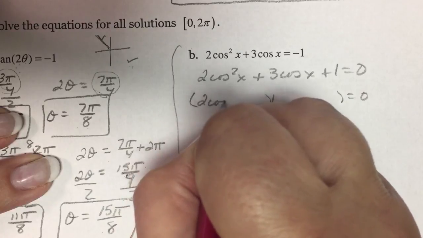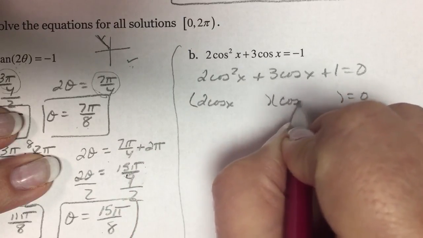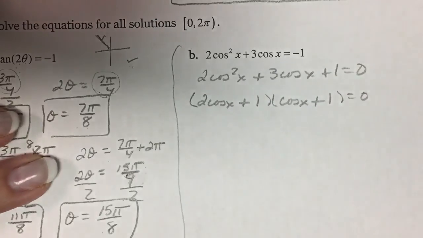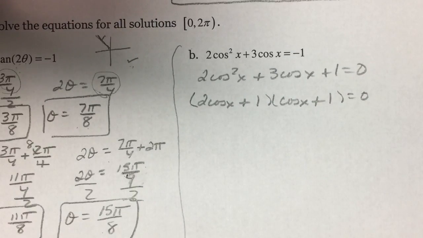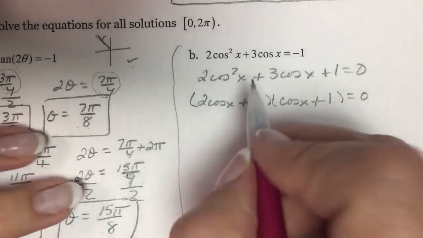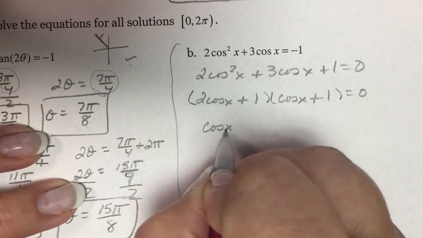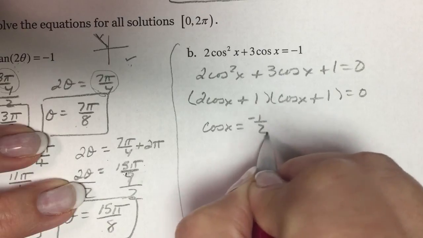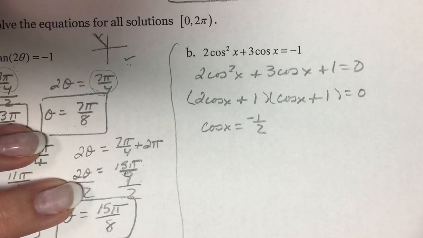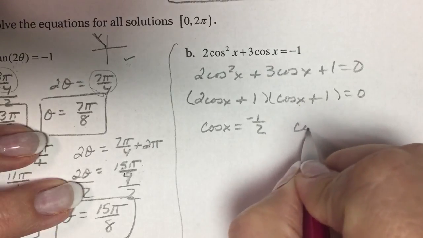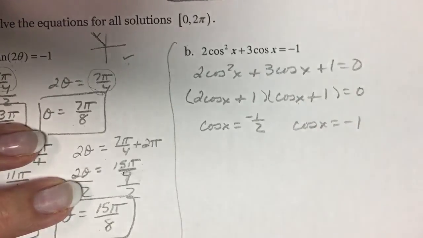So 2 cosine x, 1 cosine x, 1, 1, and everything's positive. If I take each of these and set them equal to 0, if I set the first one equal to 0, I'd subtract 1 and divide by 2, so I'm going to get cosine x equals -1/2. And if I take the second factor and set it equal to 0, I'm going to get cosine x equals -1.